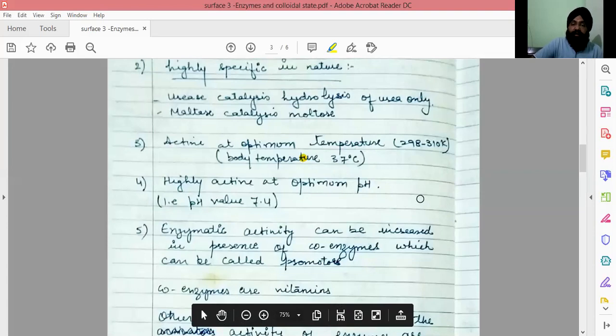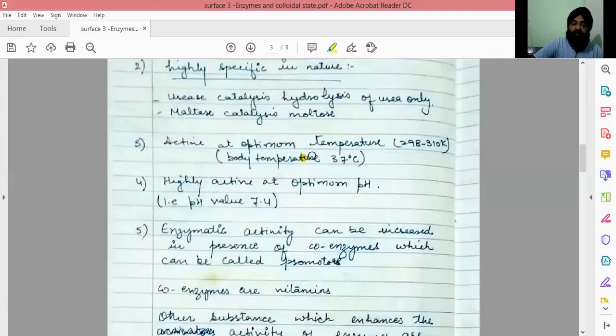They are very efficient in nature. A single enzyme can catalyze a million molecules in minutes, and is again ready for reuse. So again, like catalysts, they are not consumed in the reaction. They will be recovered at the end of the reaction as such.